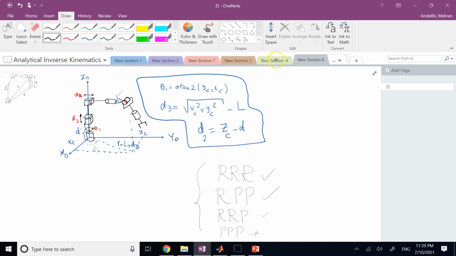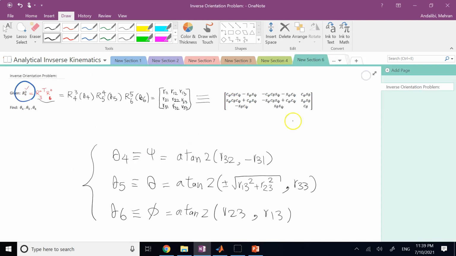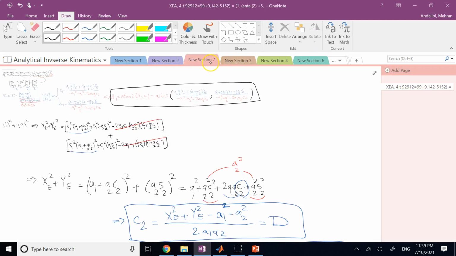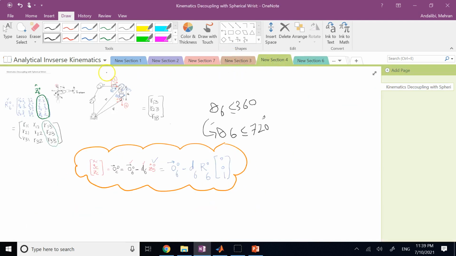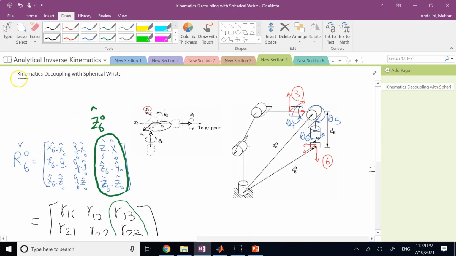And so for the last three joints, of course, we also have the ZYZ sequence of the Euler angles. So you see, as long as you have a robot with 6 degrees of freedom and with the spherical joint wrist, you can always do kinematics decoupling, and there is a guarantee of analytic solution. Otherwise, there is no guarantee, okay?